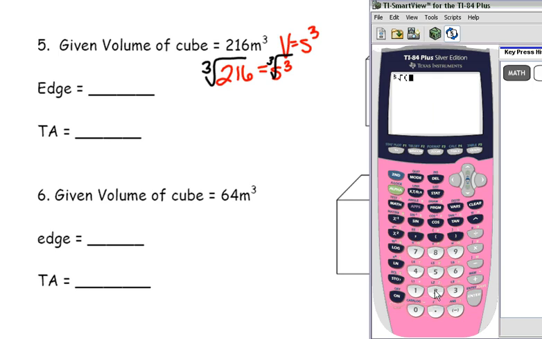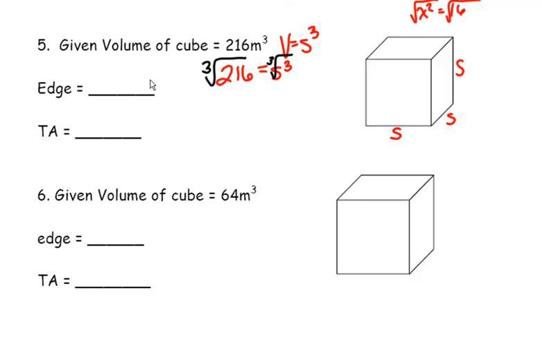And then we just type in our number 216, and we hit enter, and it tells us that the cube root of 216 is 6. So that is for all of you who have totally forgotten how to do your cubes. All right, so we got our edge was 6 meters.